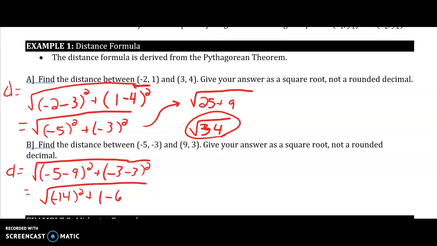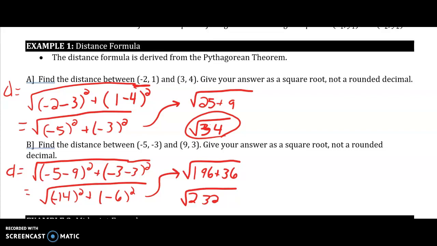And -3 minus 3 is -6, and we're going to square that. So what's 14 squared? 196. 6 squared is 36. So you add those together. What's that? 232.